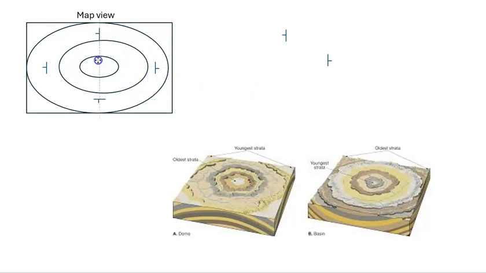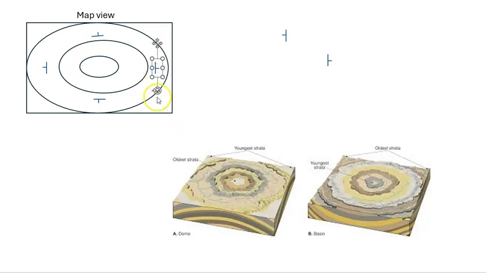So if I gave you something like this showing that all the beds are tilted away, away, away, that's a dome. And so the symbols can tell you what you have, right? You have to know what the symbol is, of course, but remember, the short line is pointing in the direction that the beds are tilted into the earth. So this is a dome.